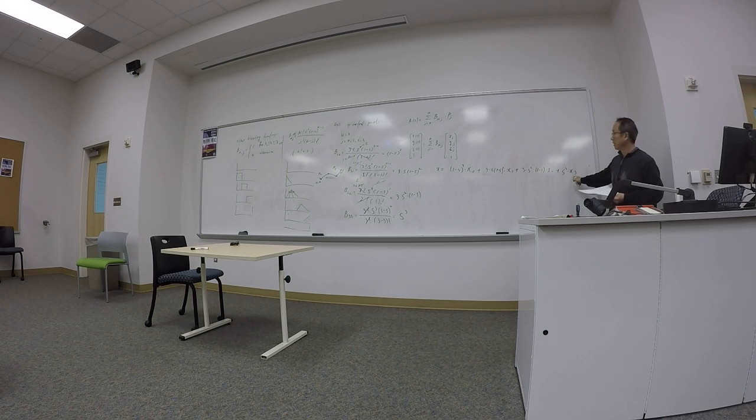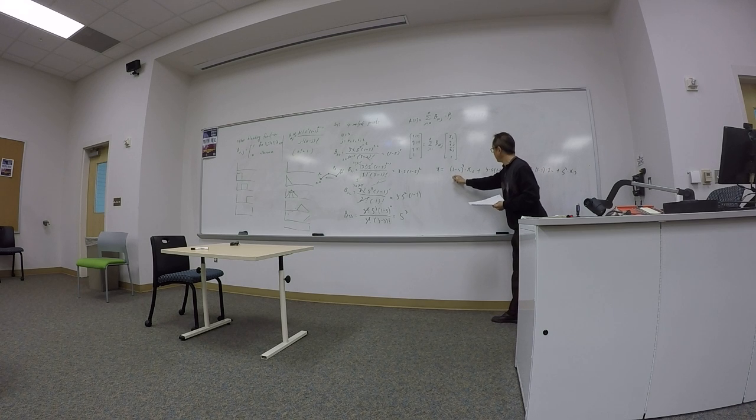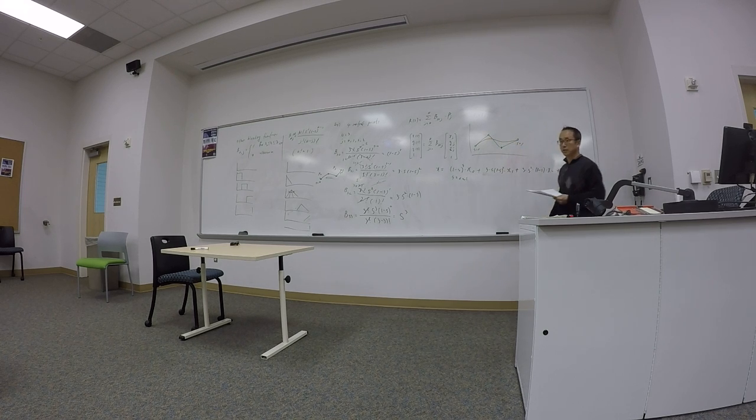Pretty easy. So if you change the S value from 0 to 1, what's going to happen is, for example, this is your XY plane. When S is 0, you start from here, and it changes all the way up to the point where S is equal to 1. Okay?